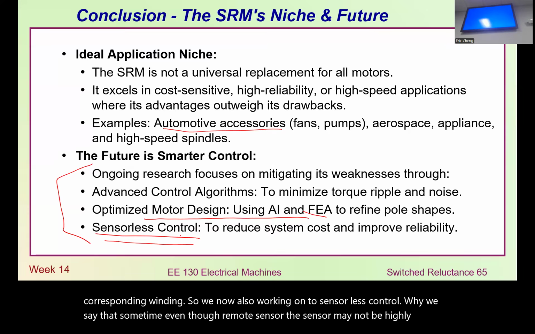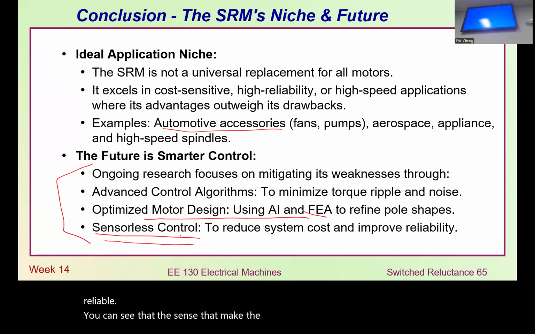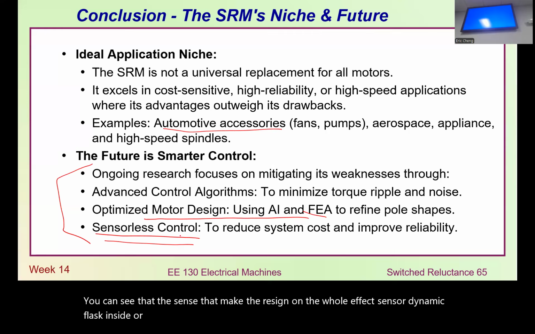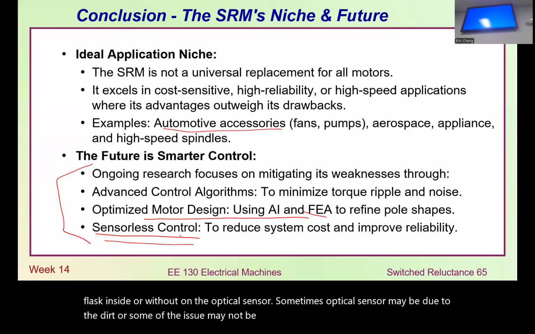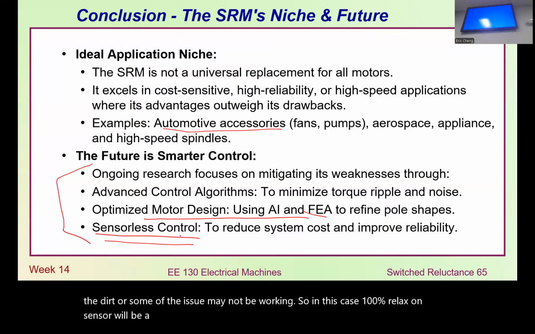The sensor mainly relies on a Hall effect sensor, the magnetic flux inside, or an optical sensor. Sometimes an optical sensor may not work due to dirt or some other issue. So in this case, relying 100% on a sensor will be a problem. In many motors, the sensor usually stops working first due to environmental issues. That's why we tend to work on sensorless control.